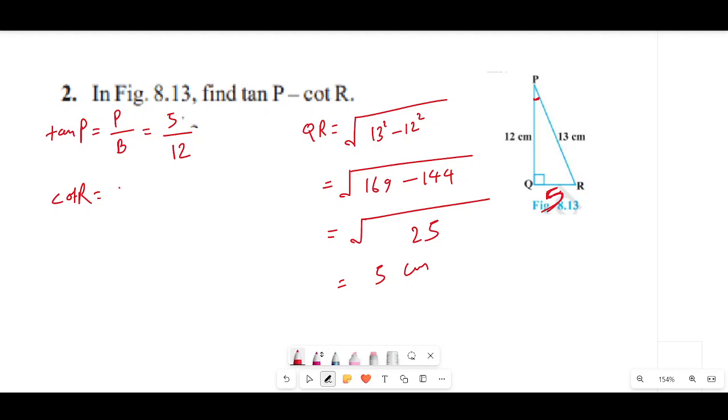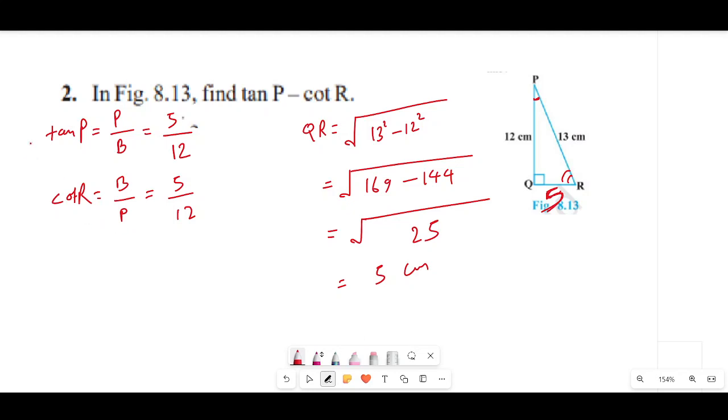And the value of cot R will be the reverse of tan. Then the formula is B by P, and for R the base will be 5, and perpendicular will be 12. Because if you consider any angle, then the opposite side will be perpendicular, the bigger side will be hypotenuse, and the remaining side will be base.